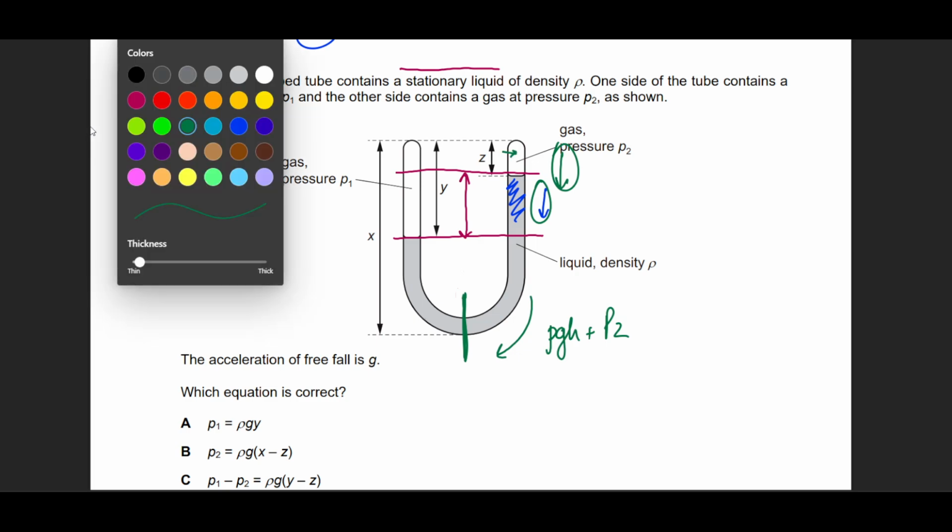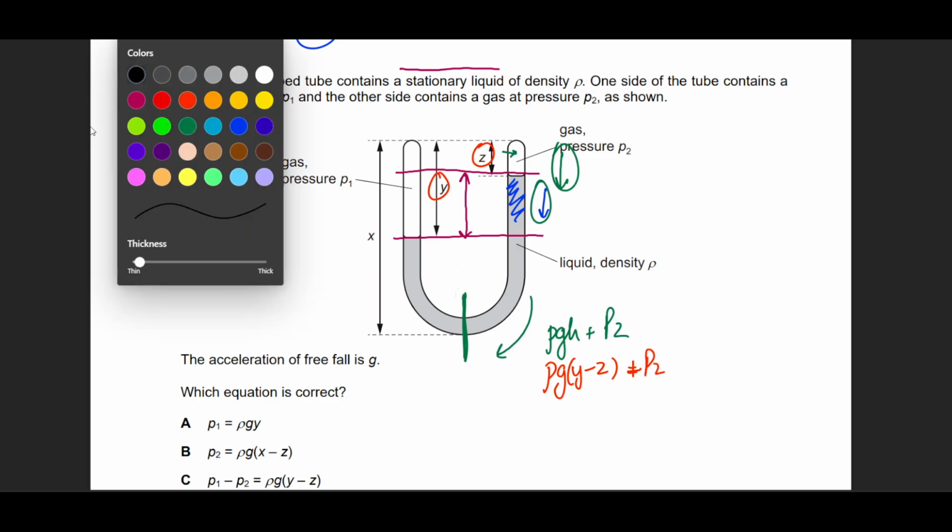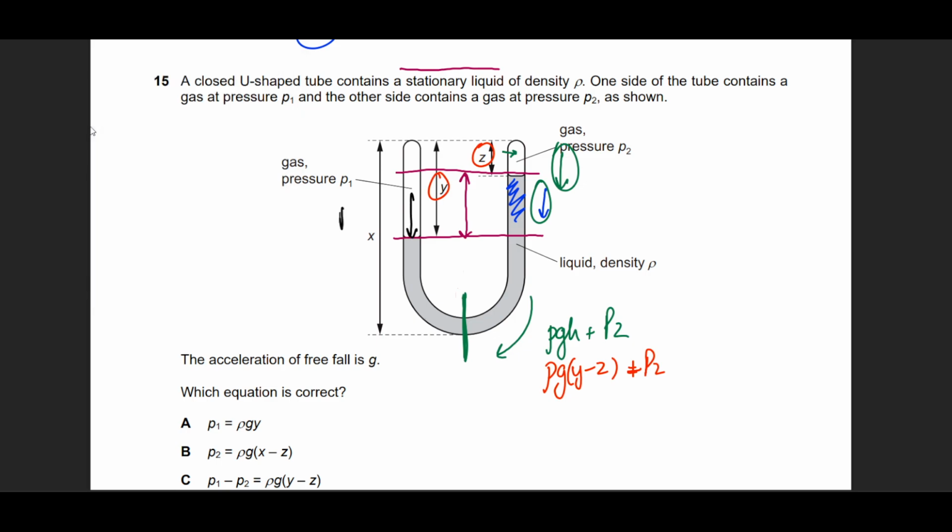This H is actually the difference of Y and Z. So I will write down rho G into (Y minus Z) plus P2. And this is being held back by just one element of pressure, which is on this side. There is only one pressure on this side. So P1 is holding back two elements because the system is in equilibrium.